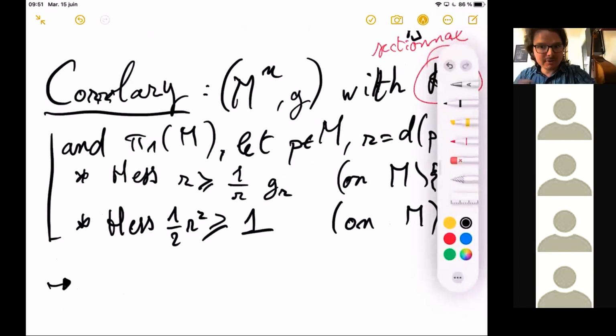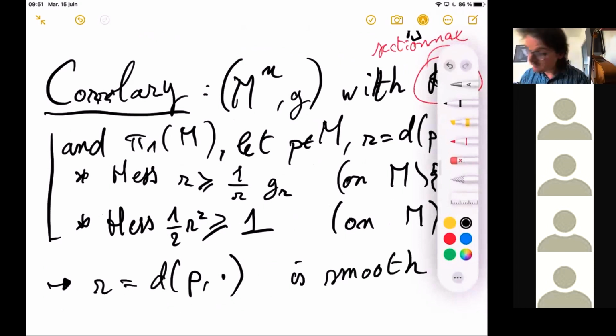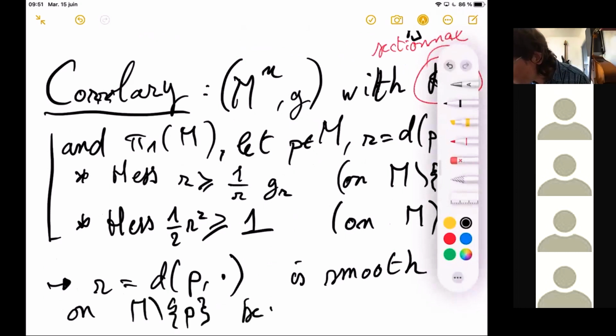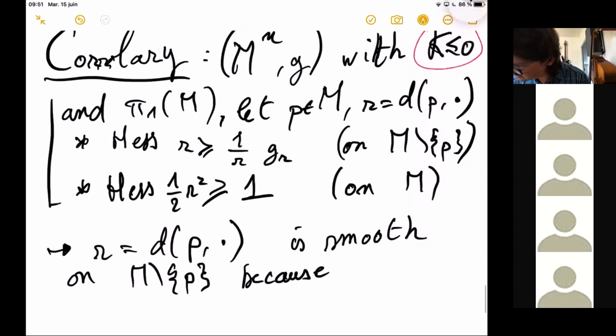In particular here, the distance to a point is smooth on M minus the point, because M is simply connected.